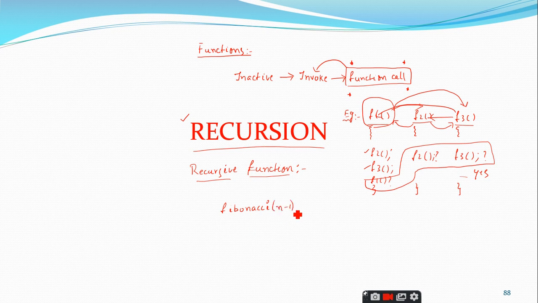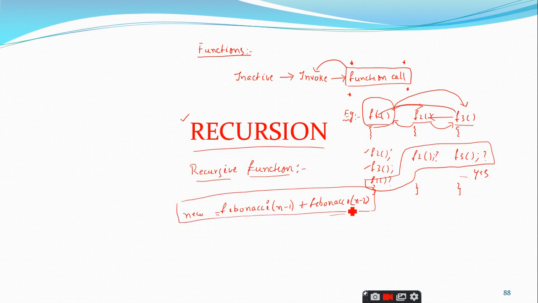Fibonacci of n-1 plus Fibonacci of n-2. In order to calculate the new term, it is Fibonacci of n-1 plus Fibonacci of n-2. So this is the function Fibonacci calling itself.